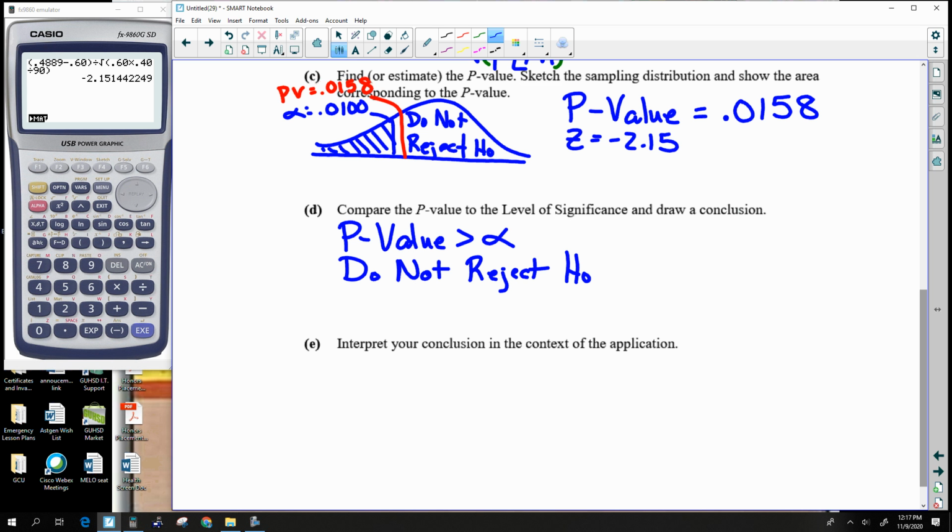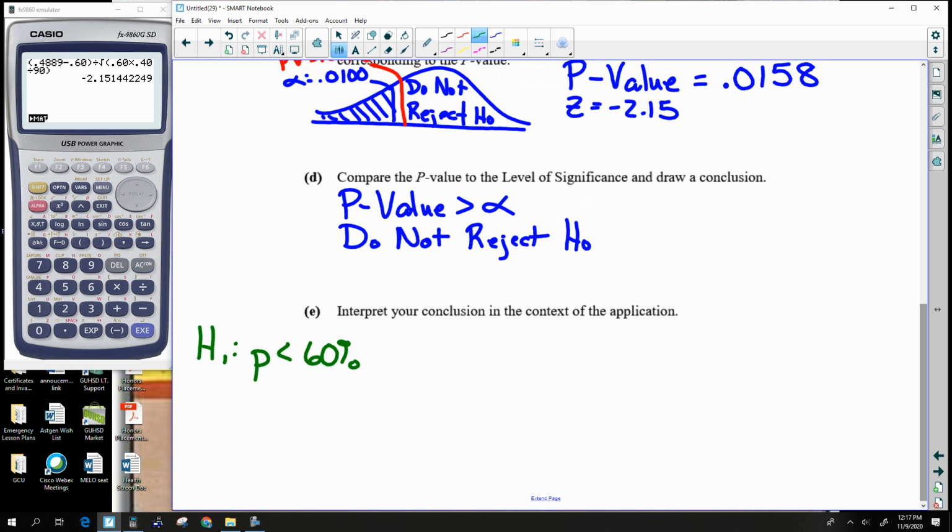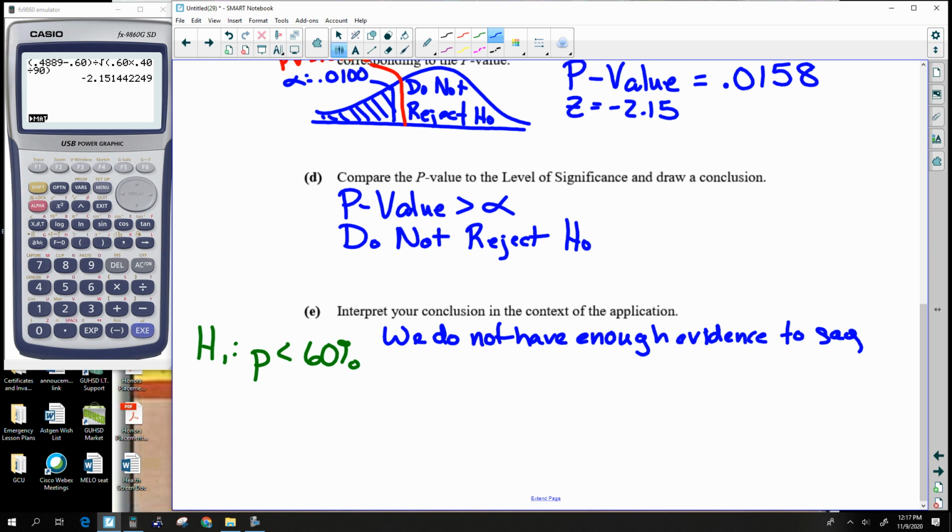All right, so that means we do not have enough evidence to say H1. H1 in this case is saying that the probability is less than 60%. And this is mortality due to extensive burns. So we do not have enough evidence to say H1.